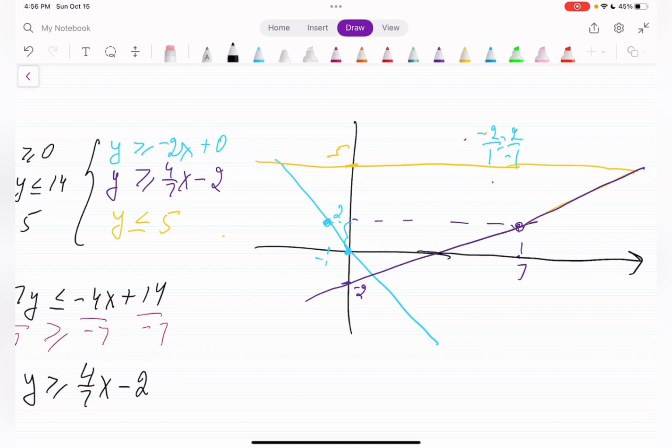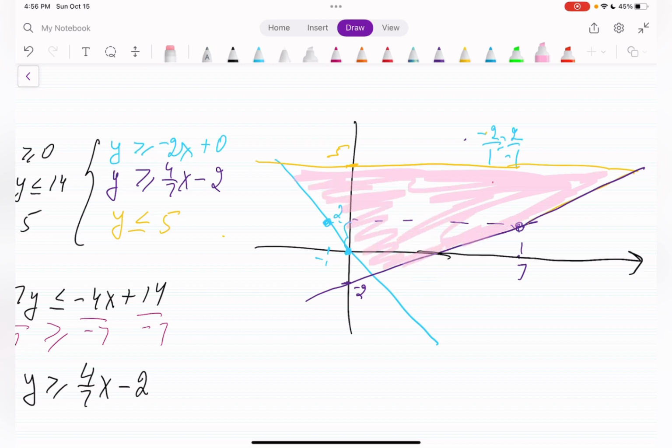Since we have 3 inequalities, the answer is going to satisfy all 3 inequalities, which means it's going to be the area where all 3 inequalities participate. Which area is it going to be, guys? It's going to be this one, that triangle that is bordered by all these 3 inequalities.